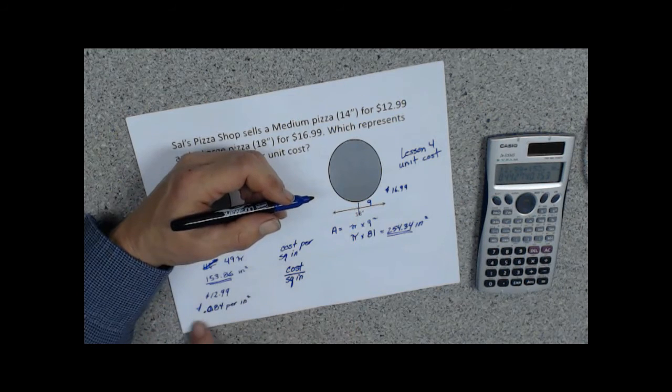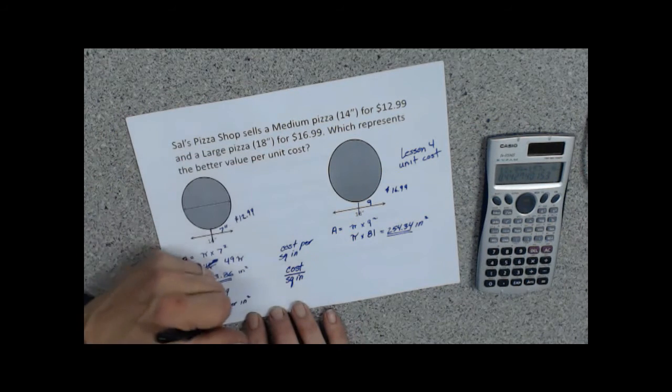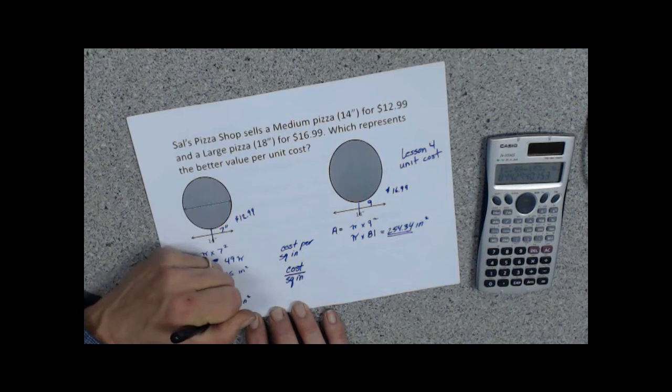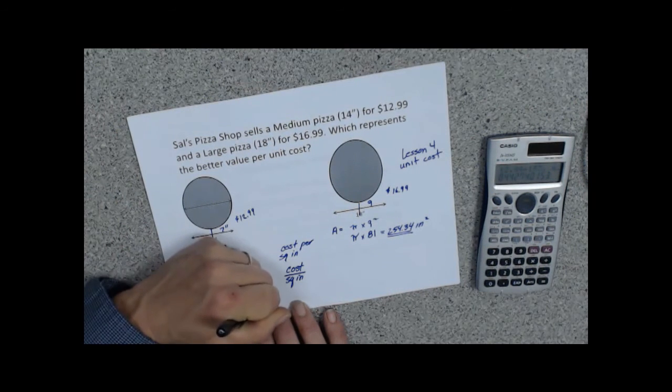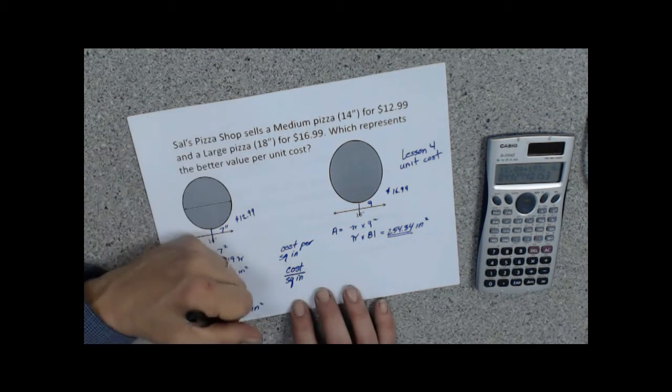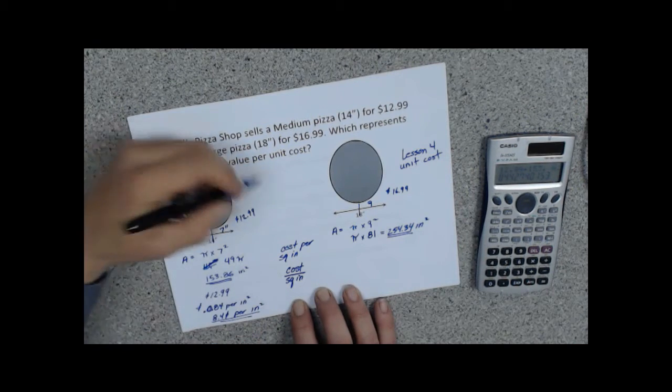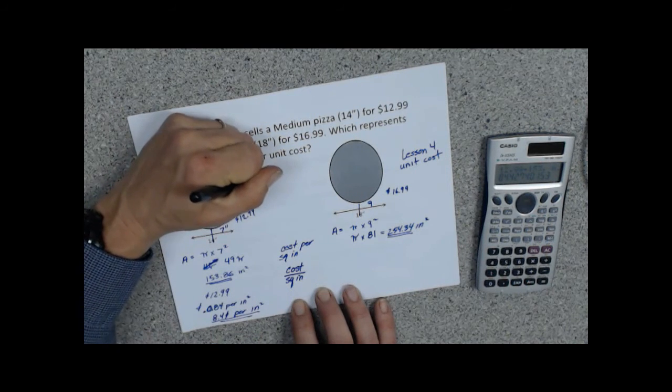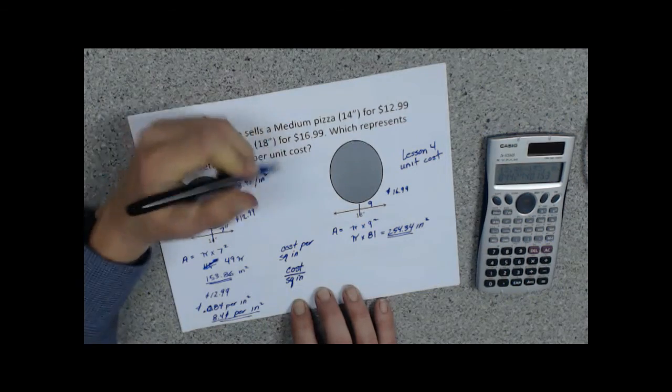And that, of course, is dollars since we represent it in dollars. So it looks like 8.4 cents per square inch. Okay, that's what our unit cost is for this pizza. So 8.4 cents per square inch.